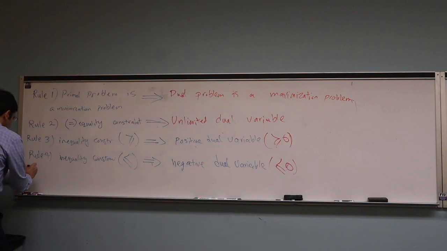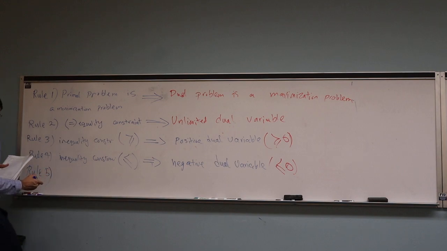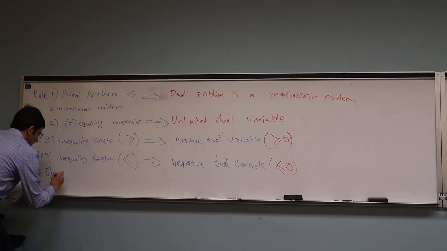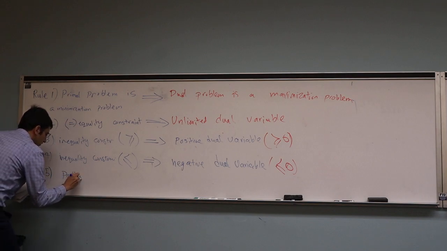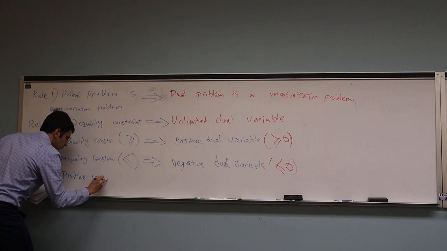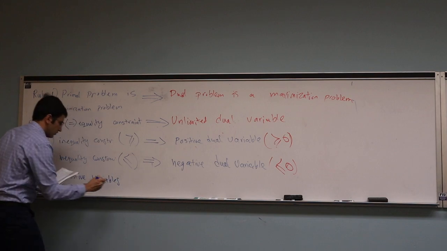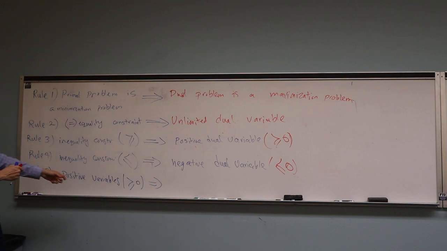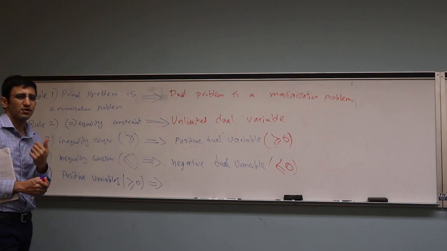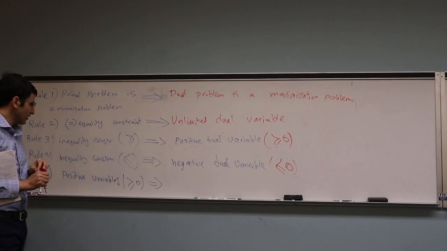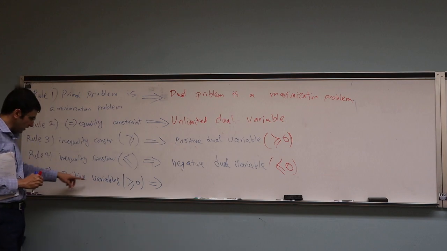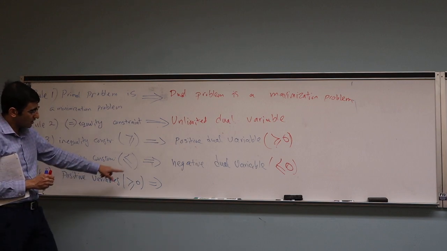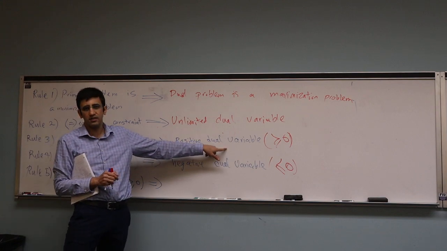Now let's look at the variables. If we have positive variables here, okay. Before writing this, if you remember, I said the dual of the dual problem is equal to the primal problem in linear optimization. So in order to see what we have to replace for positive variables, we can come here and say, okay, I have positive dual variables.